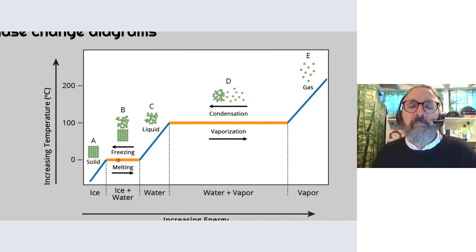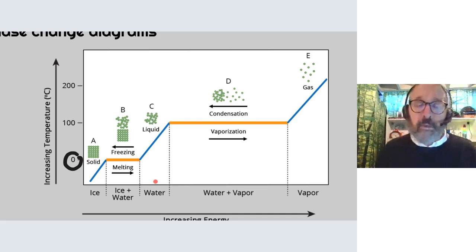That's called our melting, and notice that happens at 0 degrees, right? And then when we get through that point, we've completely melted everything. So here at B, we have both solid and liquid.